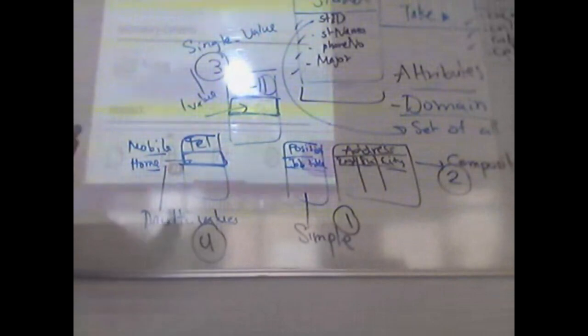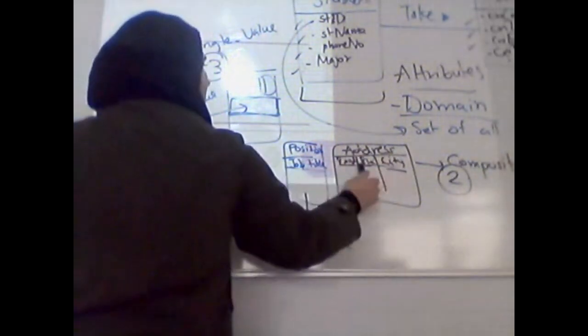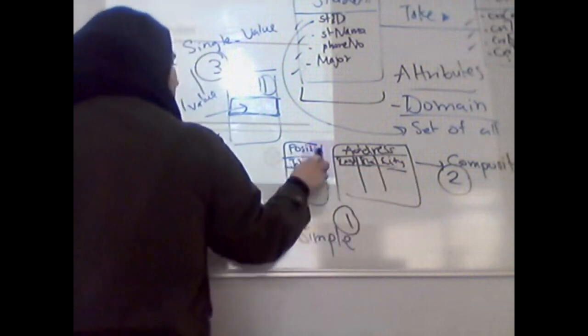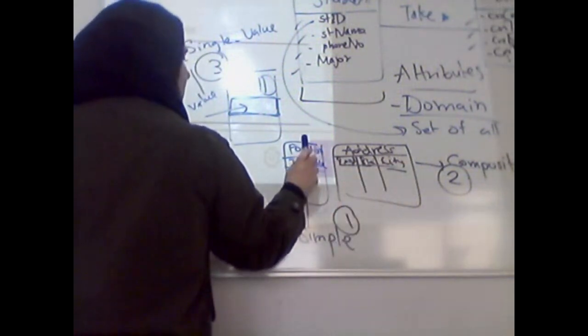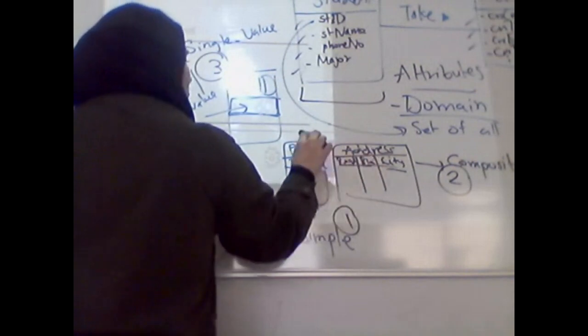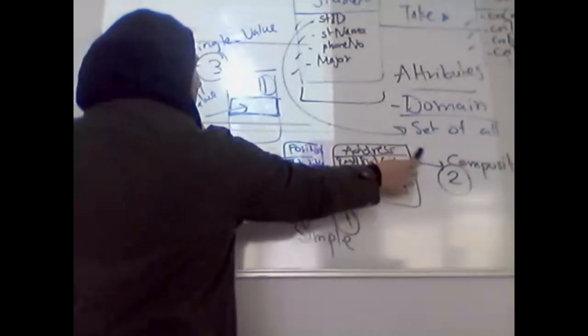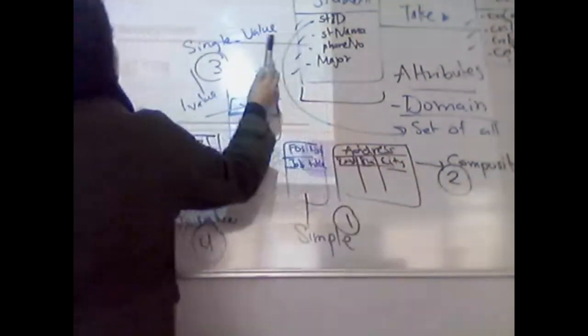Okay, this way is better. You can see number 1 composite, including here number 1 simple, including just one main attribute. The attribute itself will be only one component, while the attributes here will be multiple components.